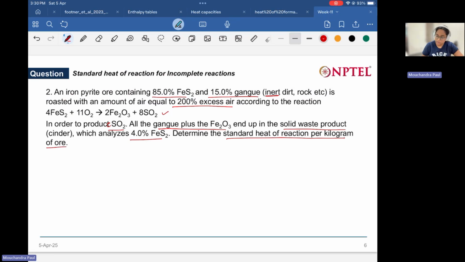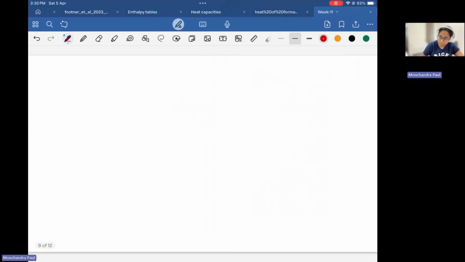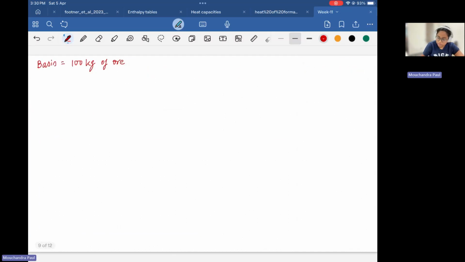Okay. So before we begin, let's start with the basis. That is 100 kg of ore. For 100 kg of ore, what are the ore components? Let's tabulate that.